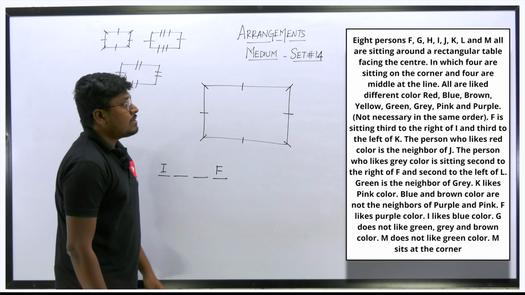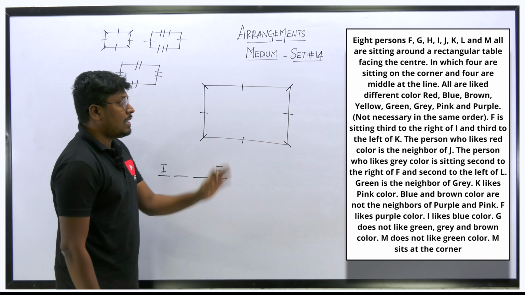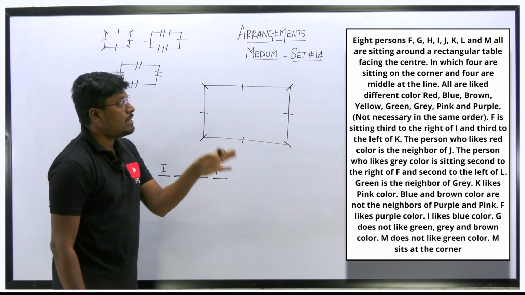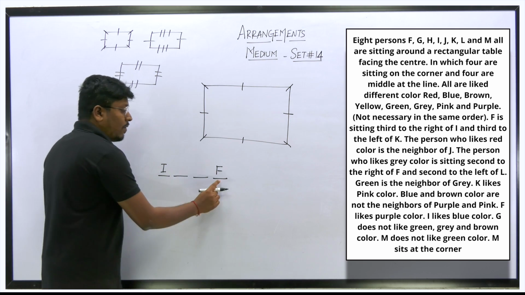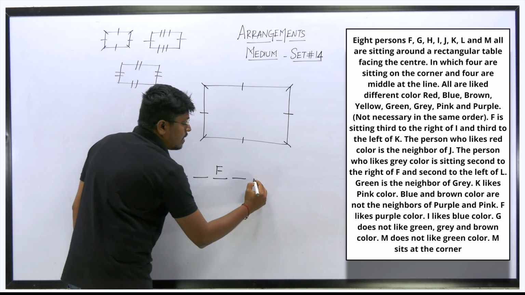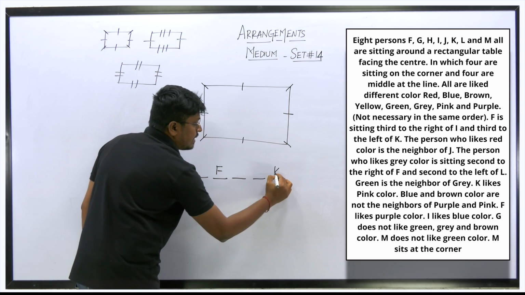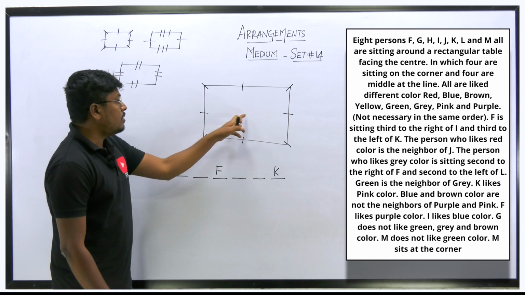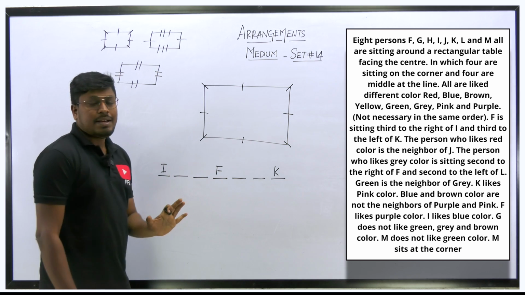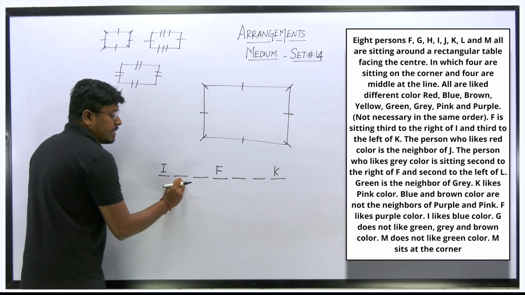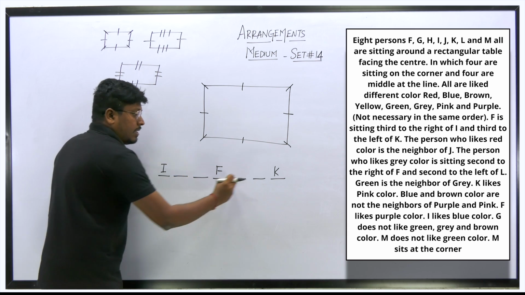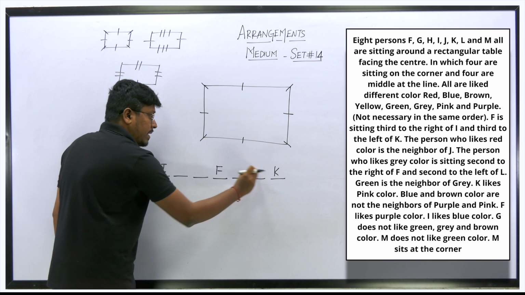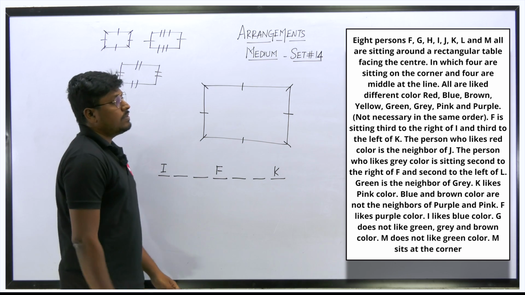Our next point is, third to the left of K. K's left hand side, at the third place, F is sitting. We already fixed F here. So K's left hand side, 1, 2, 3, the person F is sitting, but we can't fix it in this arrangement, so let me take it as a clue. I right hand side third place, F is sitting. K left hand side third place, F is sitting.